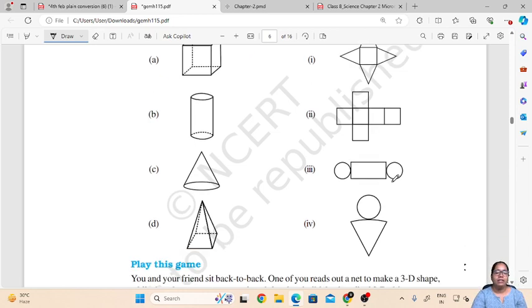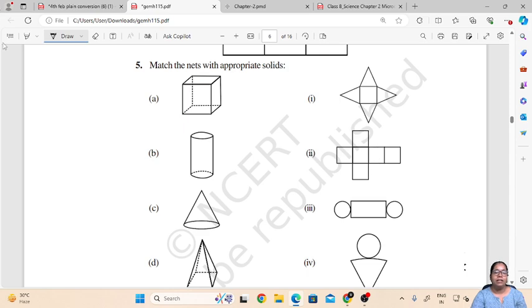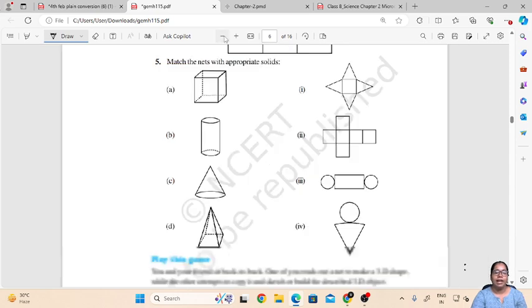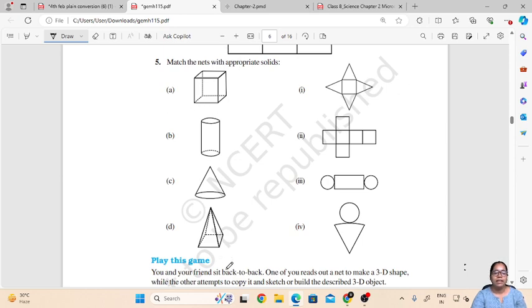So let us take this example over here and try to identify the nets of the 3D shapes. These are the 3D shapes and these are the nets of those 3D shapes. Let us now identify which net belongs to which 3D shape. So this is what now? This is a square. So over here, which one will be the net of a cube?